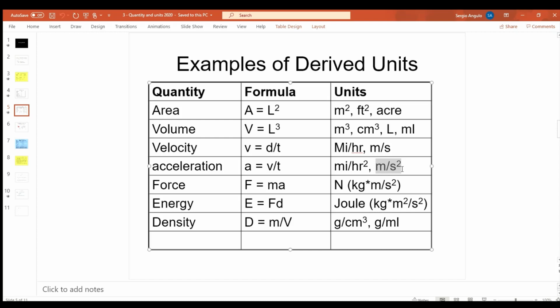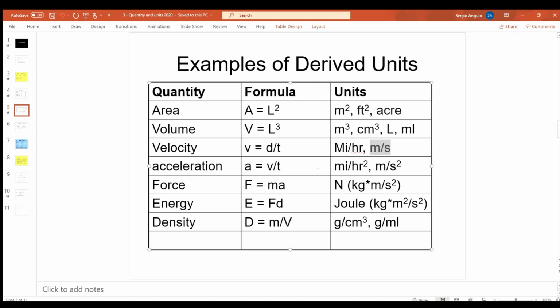How do we get meters per second squared? Well, remember that the units for velocity was meters per second. That's in the numerator. So you have meters per second, and then you divide it by time, how long it took to make that change. You could have gone from 50 meters per second to 70 meters per second two separate times, but the first time you did it much faster than the second one, so it took less time.